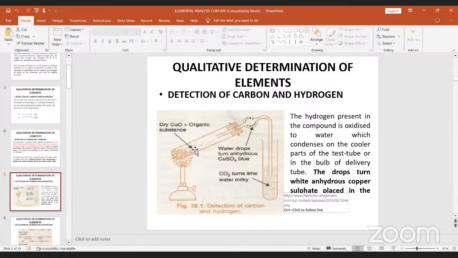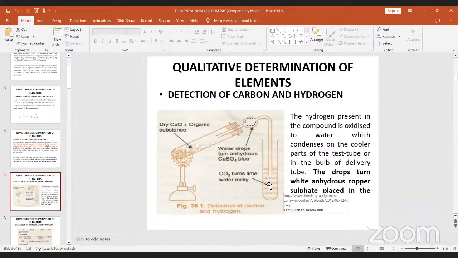As you are doing that, the carbon in the sample will be oxidized, react with the oxygen and be converted to carbon dioxide. The carbon dioxide is now collected by passing it through calcium hydroxide. This is collected and you can now subject it to further analysis.